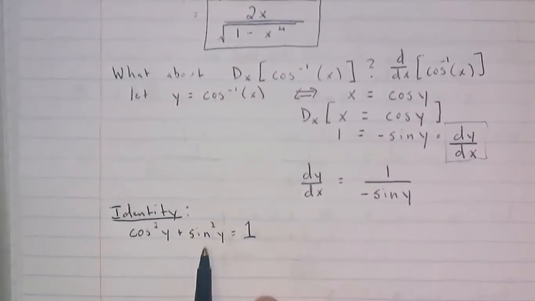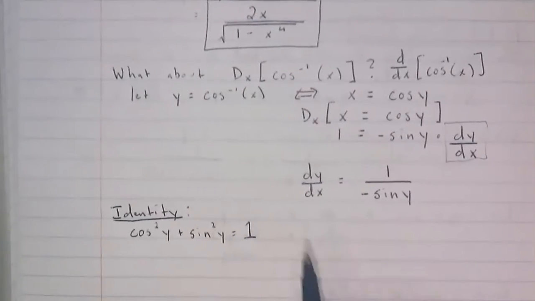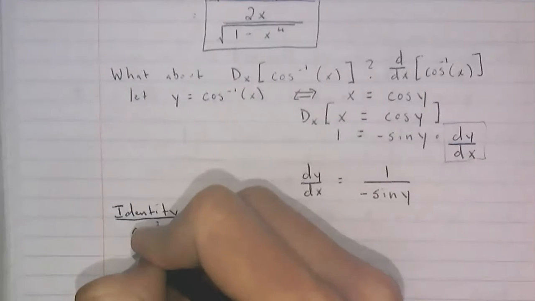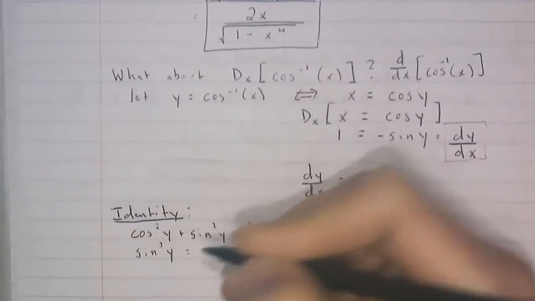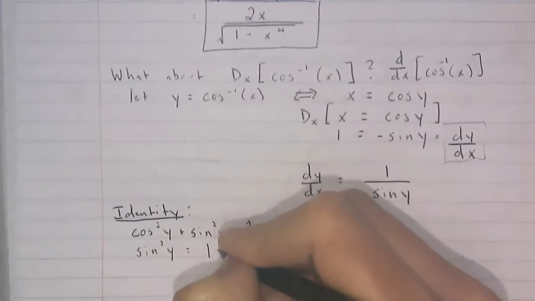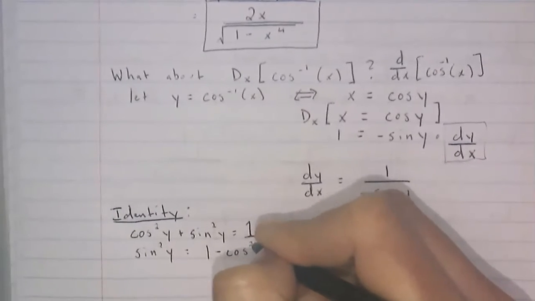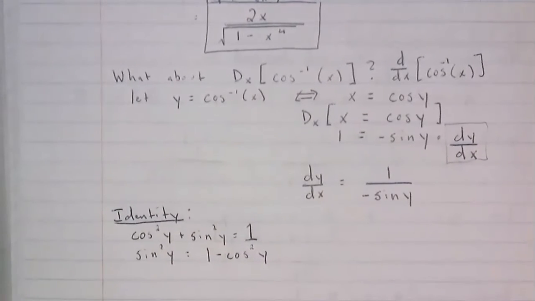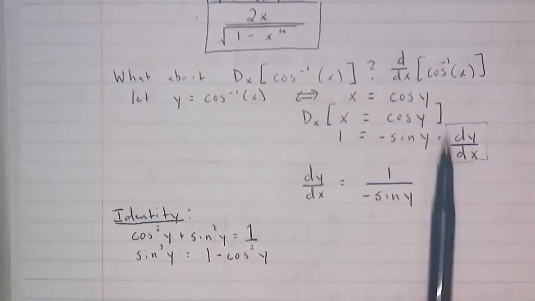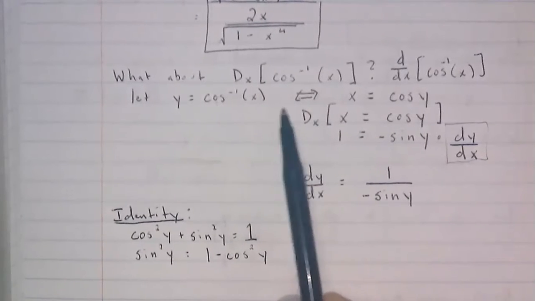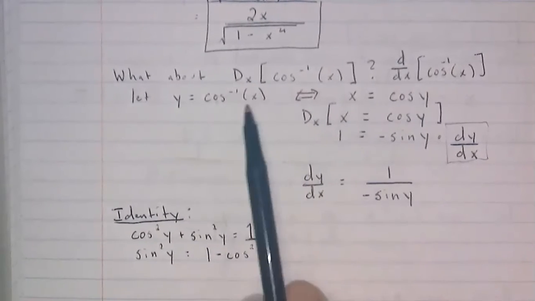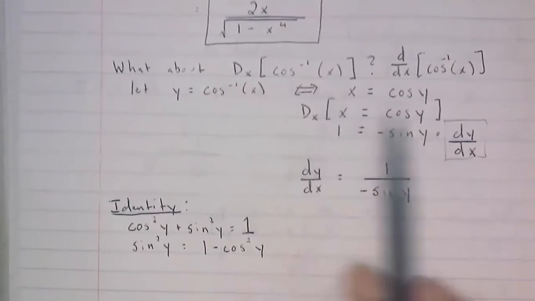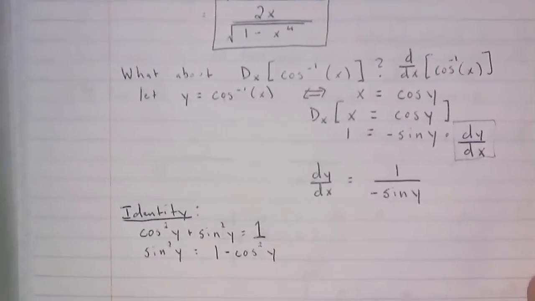And so we're looking for a definition of sine. So the sine squared of y is equal to 1 minus the cosine squared of y. We started this process out by saying that the cosine of y is x. That was the nature of that inverse relationship.